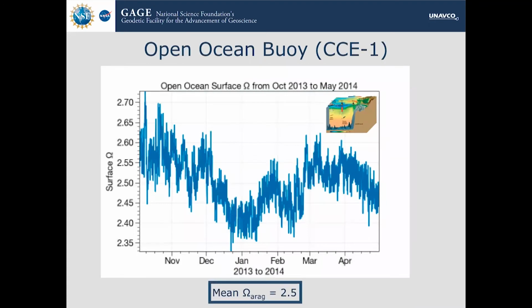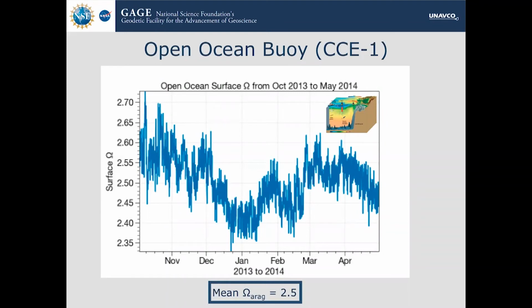So looking at the results at the open ocean buoy, we see the values were continuous over a shorter range of time due to issues with the open ocean buoy's pH sensor, resulting in poor data return. Nonetheless, we created a time series where we have saturation state on the y-axis and time on the x-axis.